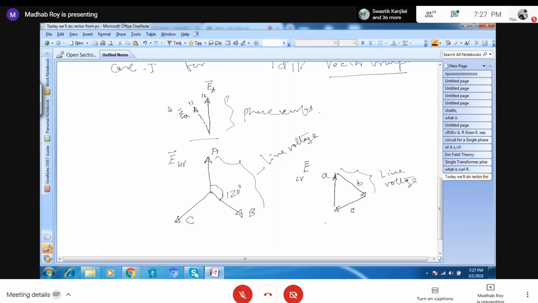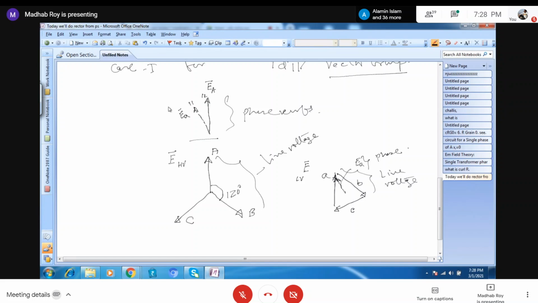Now, as in delta, phase voltages are not accessible, you have to produce a virtual one. So the virtual phase voltage will be this. The tips will be along this because it will start from A. You cannot do a B like that or C like that. Okay. So you see that this is called the phase.